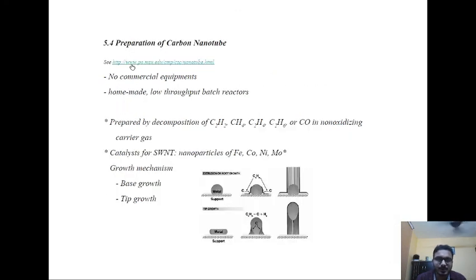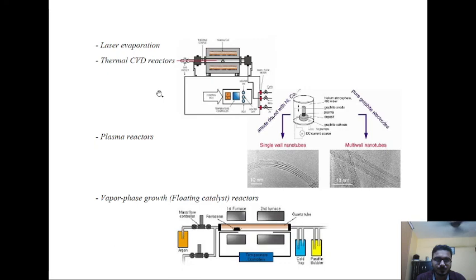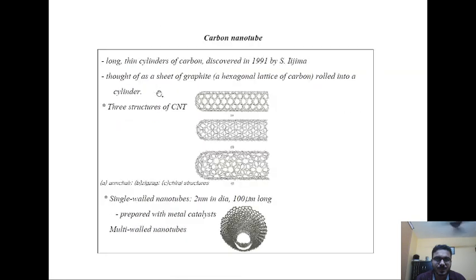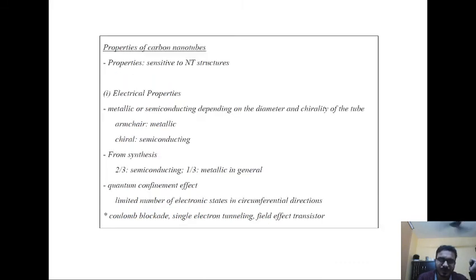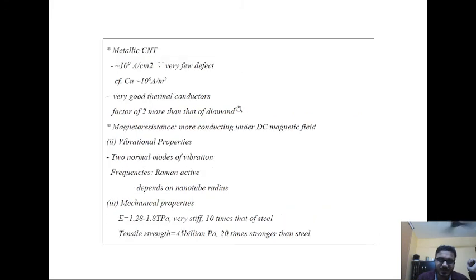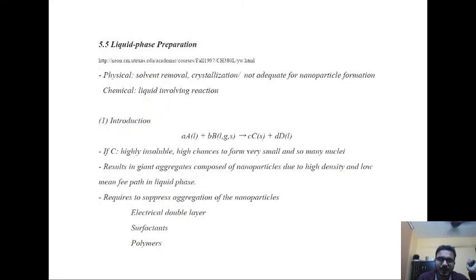Then we studied the preparation of carbon nanotubes. Then we discussed carbon nanotubes and various types of structures. Properties of carbon nanotubes: electrical properties, vibrational properties, mechanical properties, and applications.